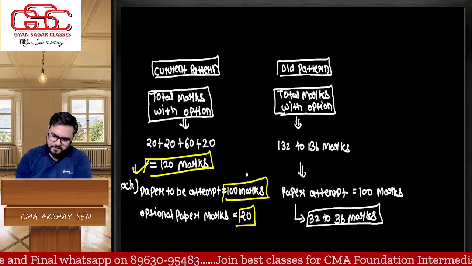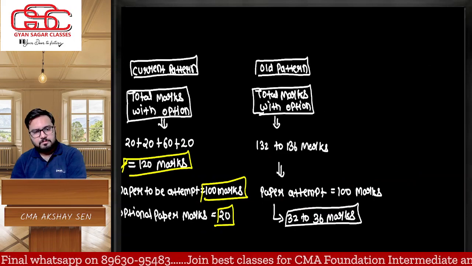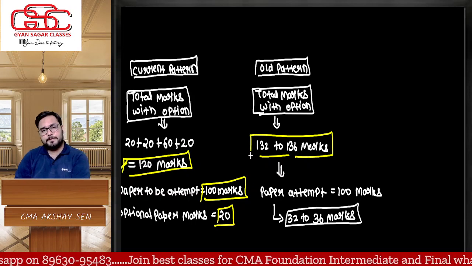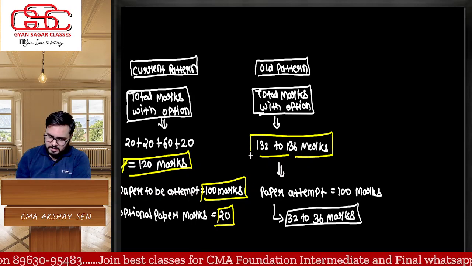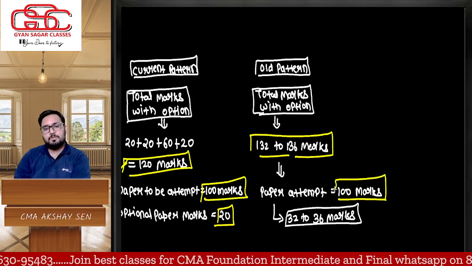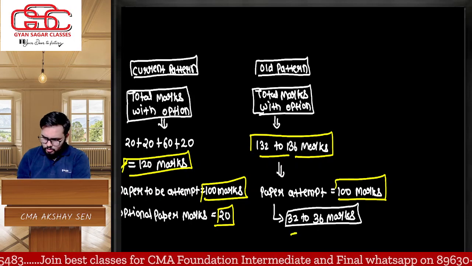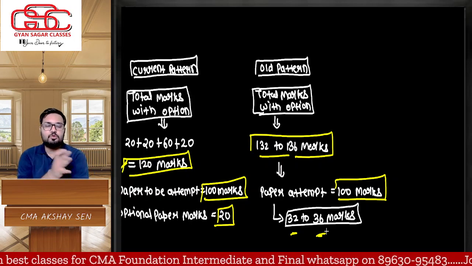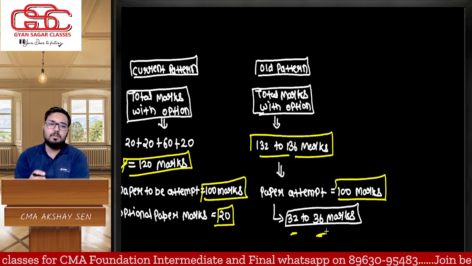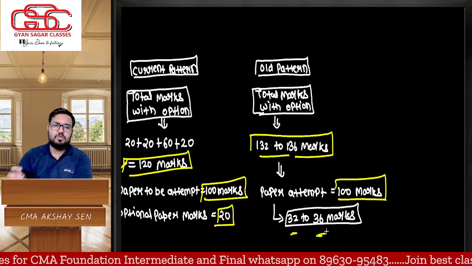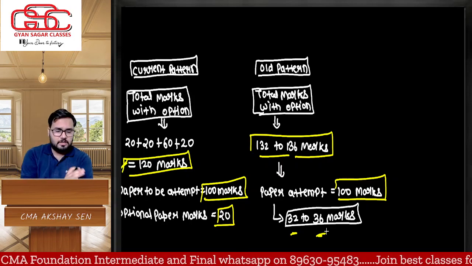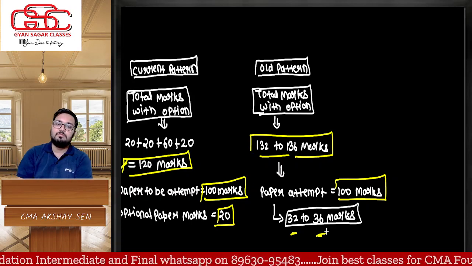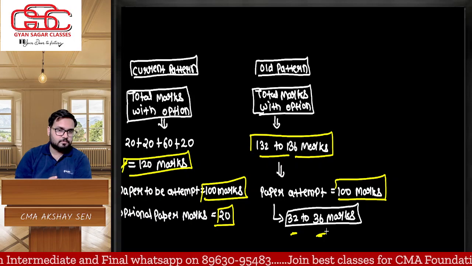And if we look at our old paper pattern, we used to get a 132 to 136 marks paper overall. We used to attempt a 100 marks paper. It means 32 to 36 marks optional, which we could leave. Here, optional marks are being reduced overall from 36 marks to 20 marks. We can say about a 40% reduction in the optional marks.